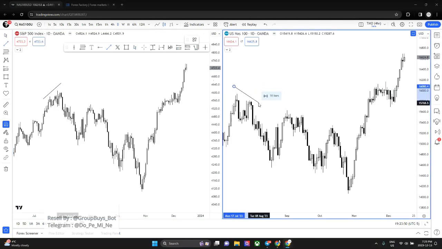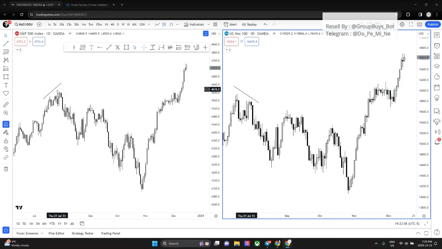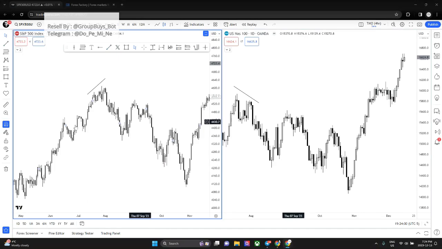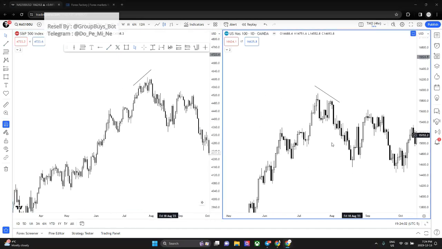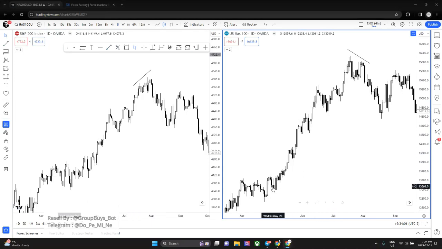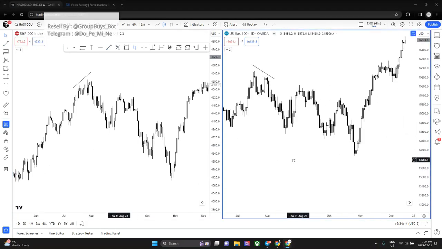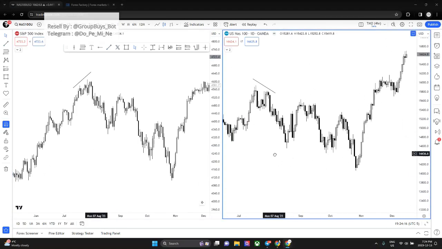So we had SMT right here, where the S&P 500 made a higher high, NASDAQ failed to make a higher high and made a lower low. And this happened after a quarterly shift that took place down here. You can go back in and use what I'll show you to see it.